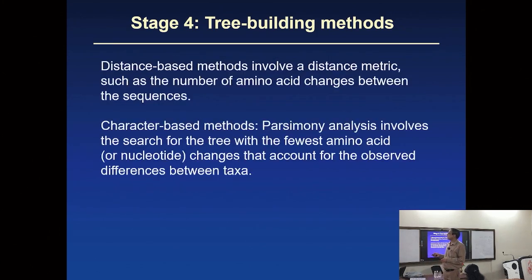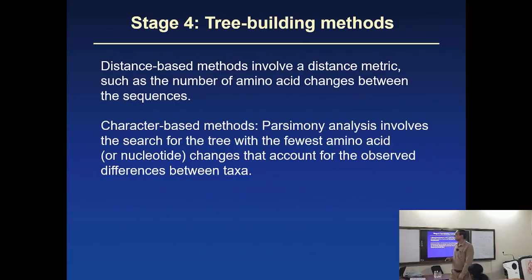So distance based methods are based on some distance metric, where you estimate the relationships between organisms in terms of distances between them, and distances again could be molecular. Okay. So two proteins from those organisms and how distant they are. So you compute a similarity score, and now you also know that the similarity score can be converted to a distance score when you are making a tree.